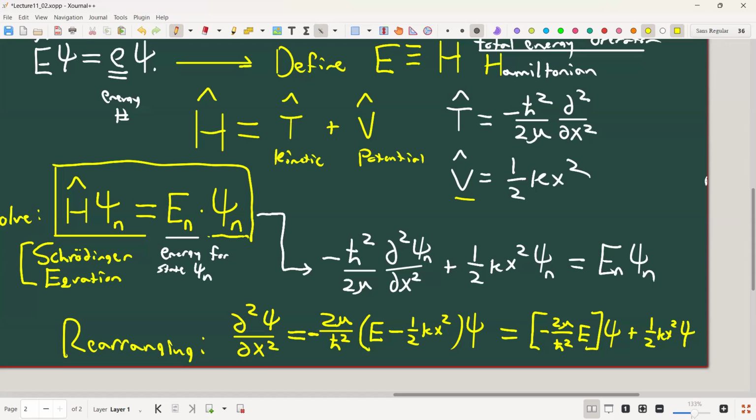I get my free particle or my particle in the box wave functions depending on the system. But because I've added the potential that's effectively non-zero at every point, the space I put my system in has a potential energy for every point x. My wave function now has to also spit out an x squared when I take the second derivative.